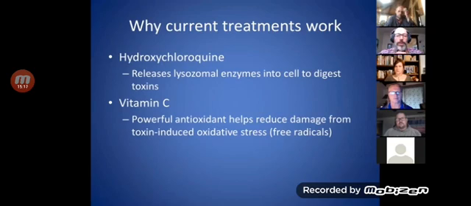So there are studies that show that this drug can release lysosomal enzymes. I'll tell you that the lysosome is basically the garbage dump of the cell. It's another one of these vesicles or sacs, and it has all these enzymes that basically just chew everything up, similar to what happens in your gut when you're digesting food.